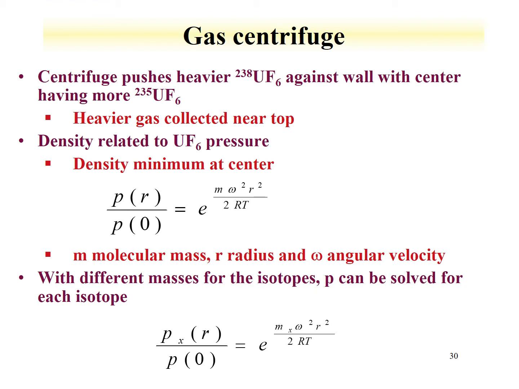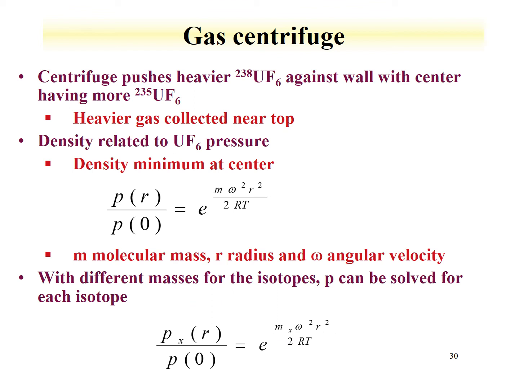The density is related to the uranium hexafluoride pressure. The density minimum is at the center, and you can look at the density as a function of the radius with this equation, where the terms include molecular mass, the radius, and the angular velocity, so fundamentally how fast this centrifuge moves. With different isotopes, you can solve this density for each isotope.